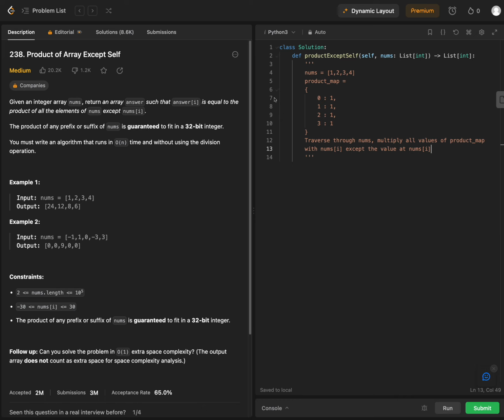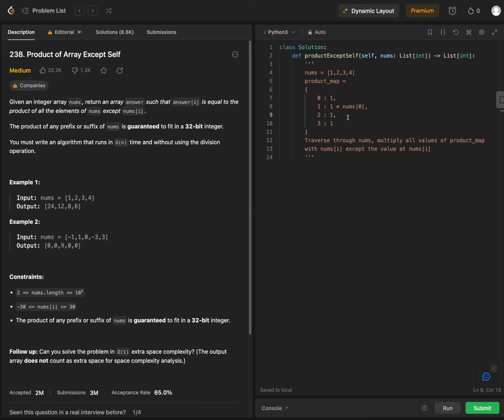Okay, so in this case, let's see, right? So when we are at index 0, the first thing we will have to do is multiply all values by nums[0], okay?